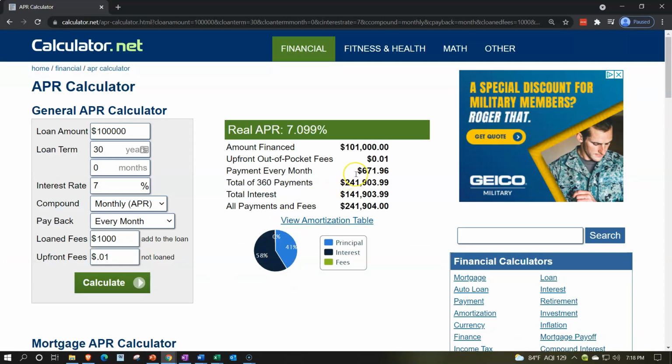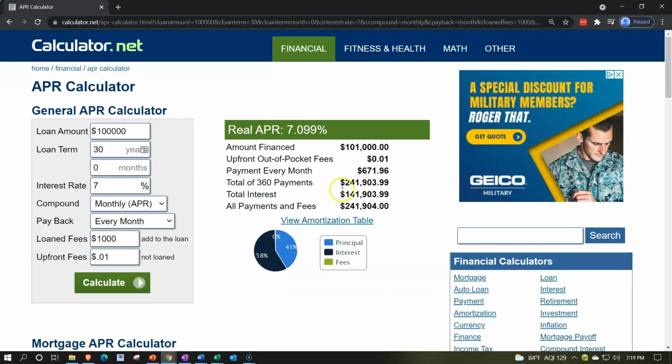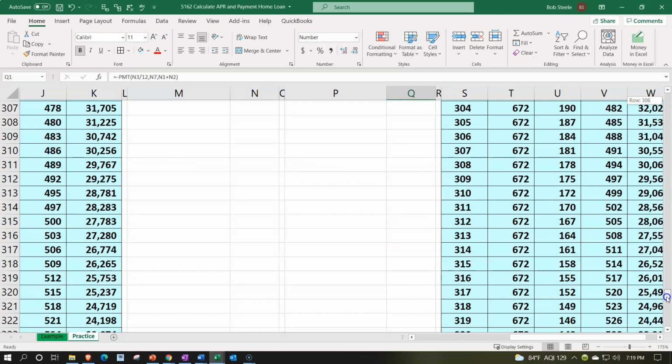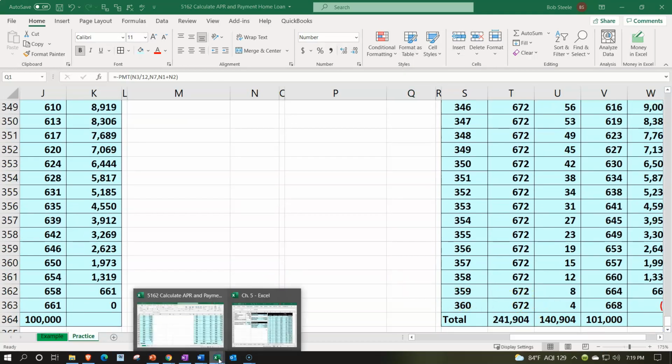And then we've got the payments every month, the 671.96, which is the added payment, 671.96. And we have the total 360 payments, the 241,903, which should be at our bottom number here. Total payments down here, 241,904 about.